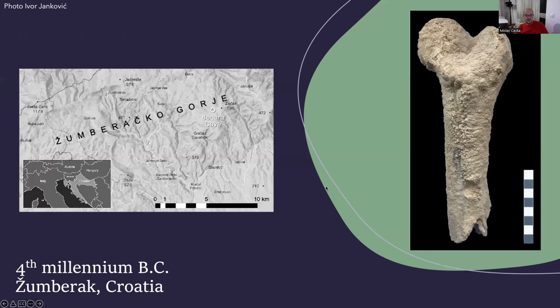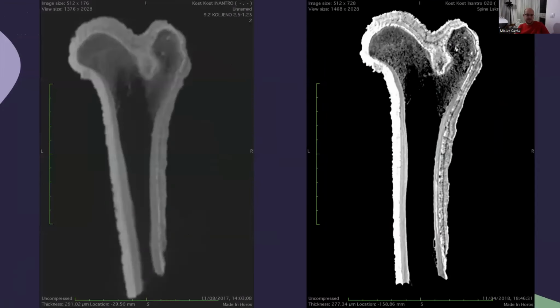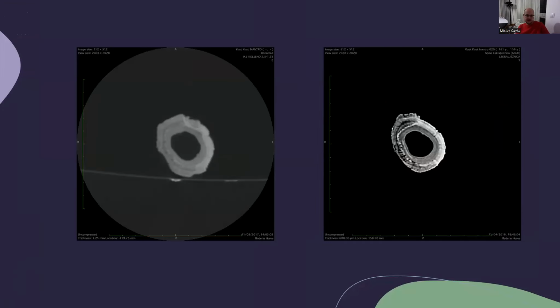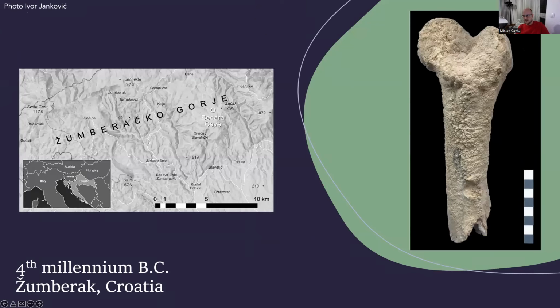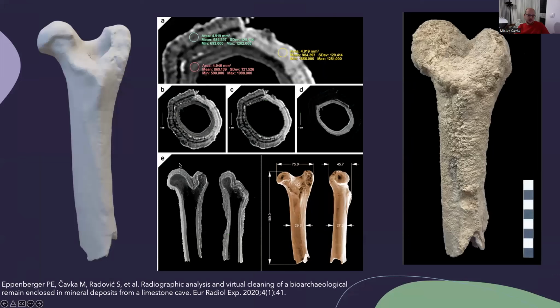Case number 4, it was a fossilized bone found near Zagreb in a cave, and it was not recognizable, and paleozoologists couldn't have identified it. As we can see here, it is difficult to say what it is and whose bone it is. But with paleoradiology, we can do several analyses, and we can virtually remove all the layers of calcium.